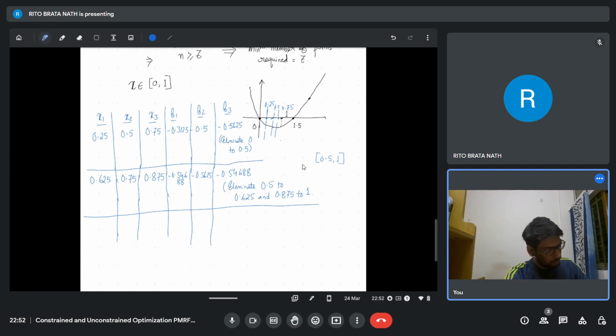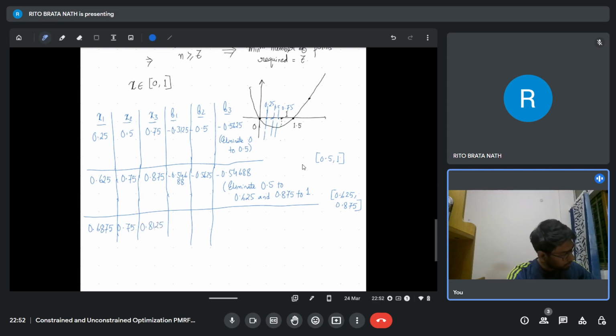Then in the next iteration, again you have to make it 4 equal intervals to get those 3 points. So the points are 0.6875, 0.75, this remains the same, and 0.8125.